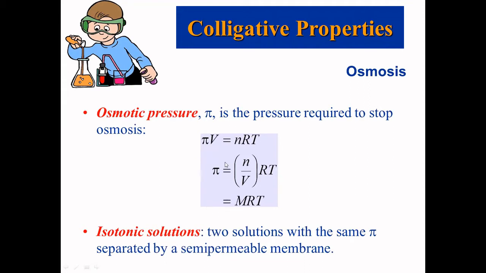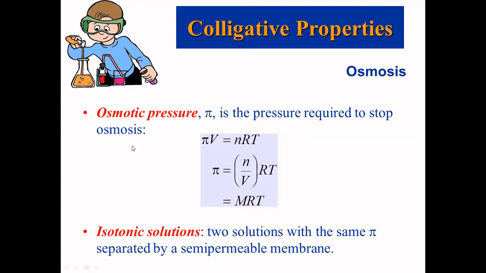So the osmotic pressure of a solution actually is a function of its moles over volume, molarity, times the universal gas constant times the temperature, the absolute temperature. So this osmotic pressure is the one that will stop the osmosis.